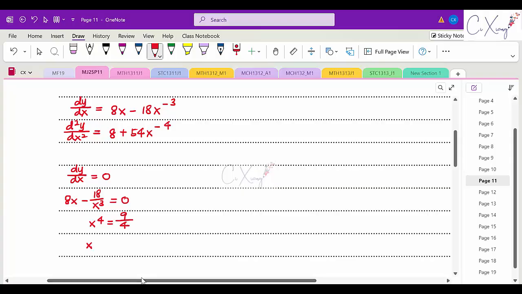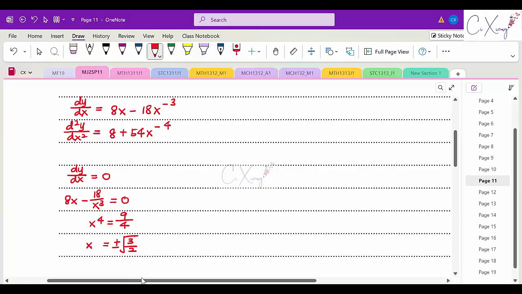Then to get the x value, you take the fourth root, or you can take the square root two times, for the number 9 over 4. Square root of 9 over 4 gives 3 over 2. Then you take the square root again. It becomes plus minus square root of 3 over 2, because when you take the square root, you need to include the plus and minus sign.